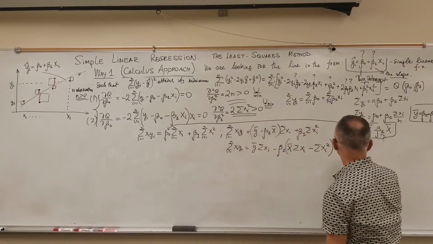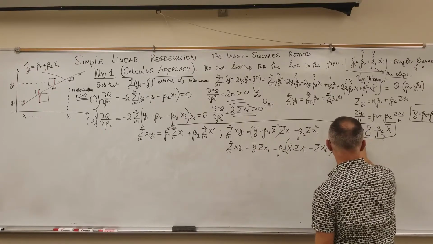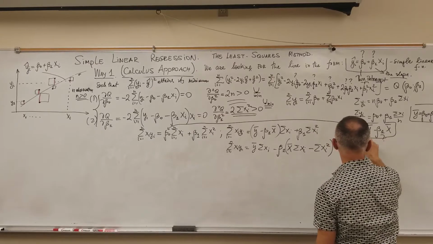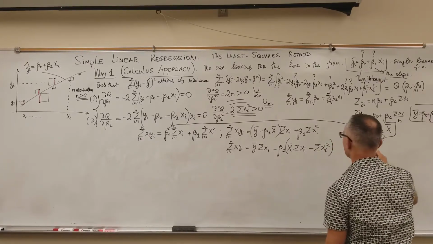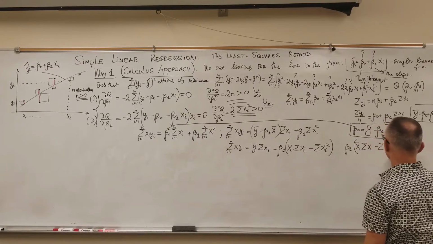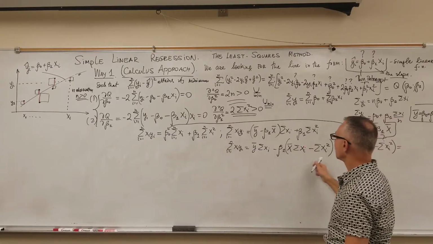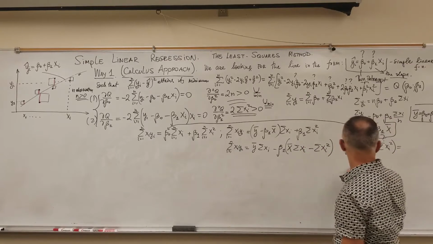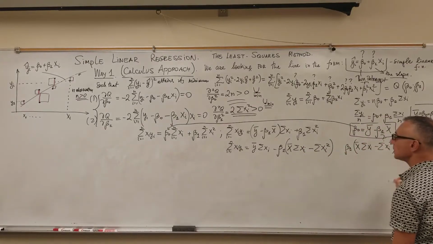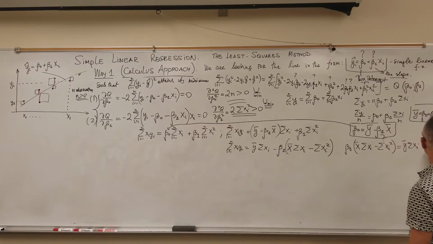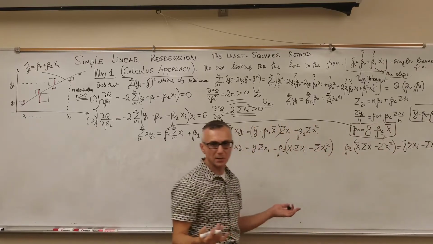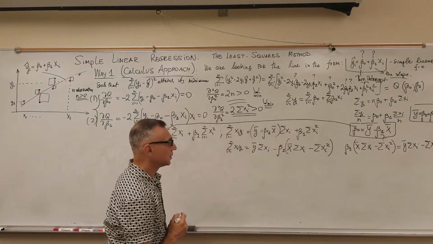So from here, beta 1 times (x bar summation xi's minus summation xi squared) is equal to y bar summation xi's minus summation xi yi. Simple algebra here, just do it carefully.